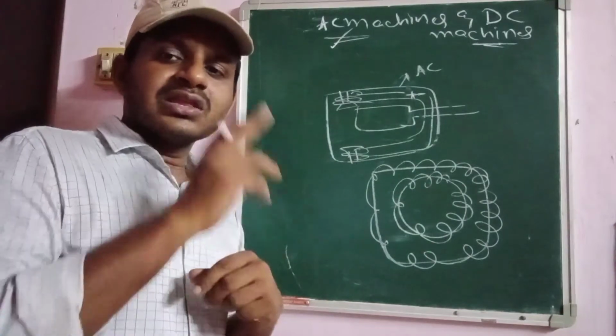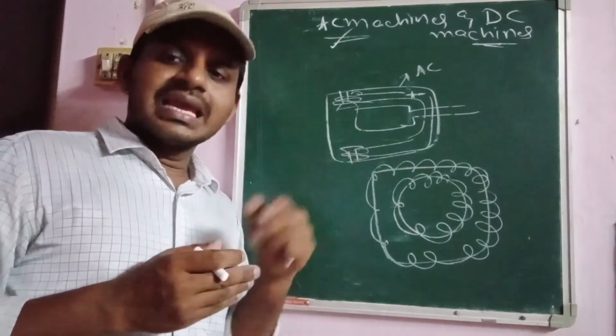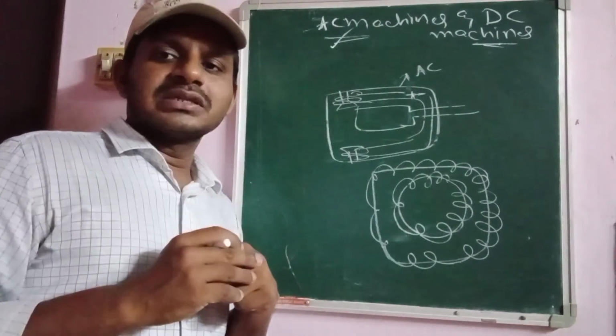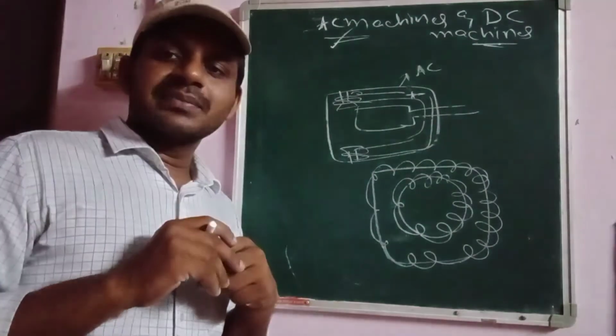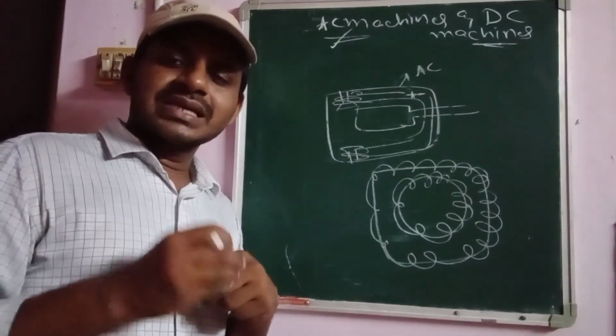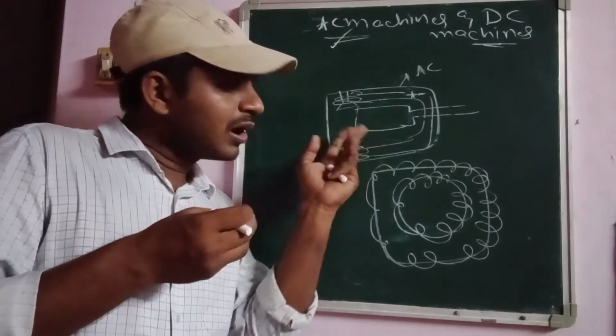Another main thing is that in a synchronous generator or AC generator, we can't use any type of commutator segments. Why? Because in any machine, the armature generally produces a sinusoidal output.